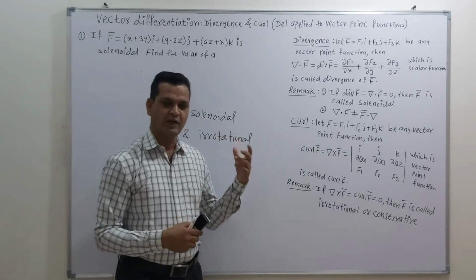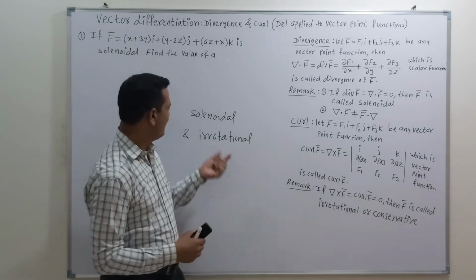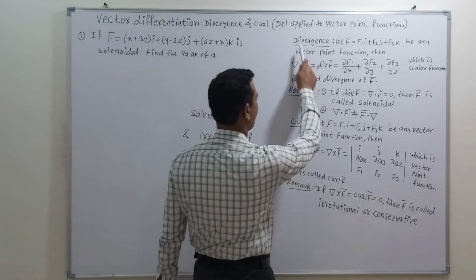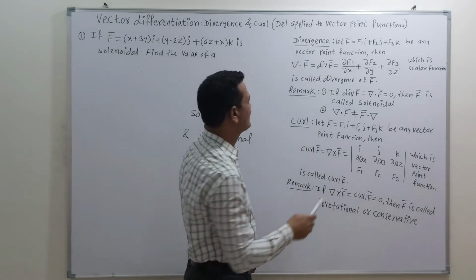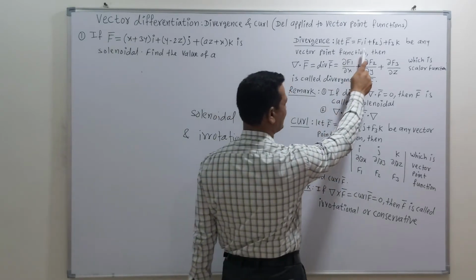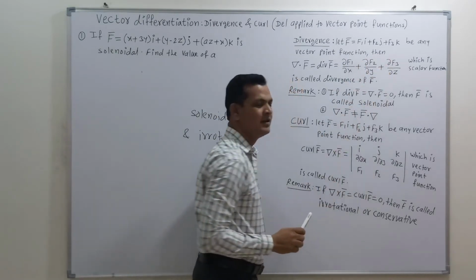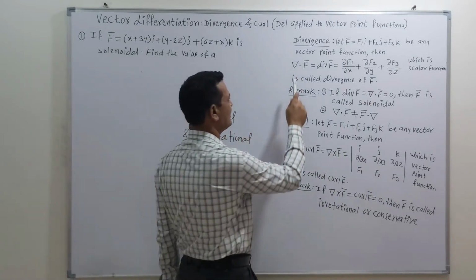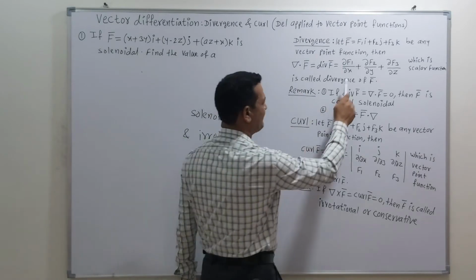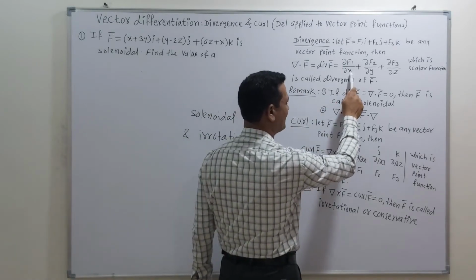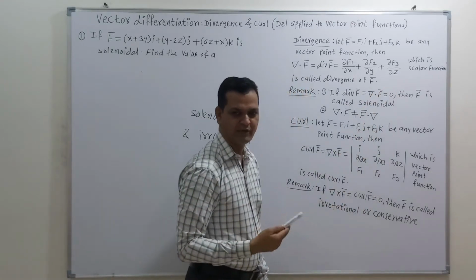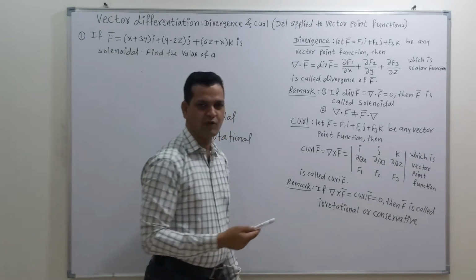Let me first revise the definition of divergence and curl, which will be helpful for us to solve the examples based on this topic. Divergence means if f bar is the vector point function defined as f1 i plus f2 j plus f3 k, then divergence of the vector field is del dot f bar, also called div of f bar, which is defined as partial derivative of f1 with respect to x, plus partial derivative of f2 with respect to y, plus partial derivative of f3 with respect to z, which is a scalar quantity.